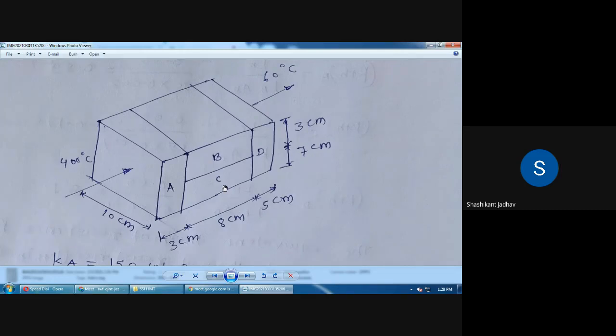Draw the diagram properly so that we can easily understand which formula we have to use for this condition.